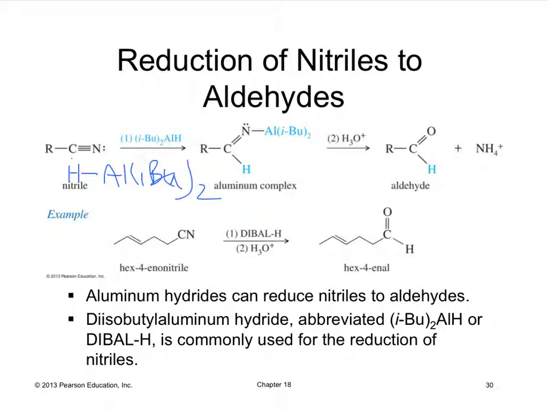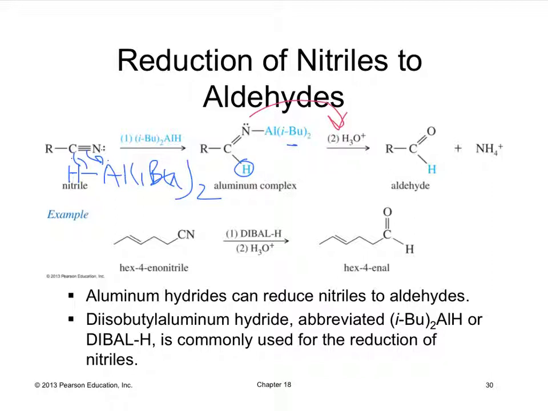So you're going to have this happen, right, where your hydrogen goes on one side, your aluminum diisobutyl group goes on the other side, and then your electrons from your nitrogen will pluck off a hydrogen from H3O+.